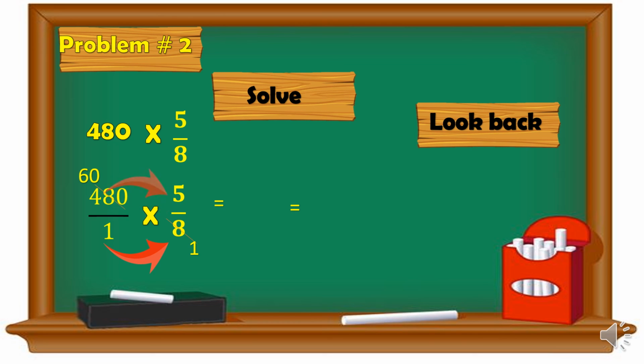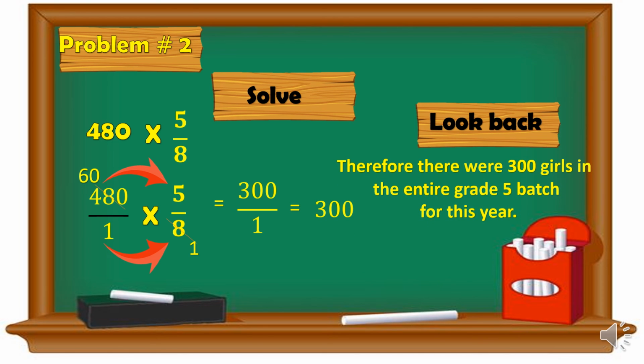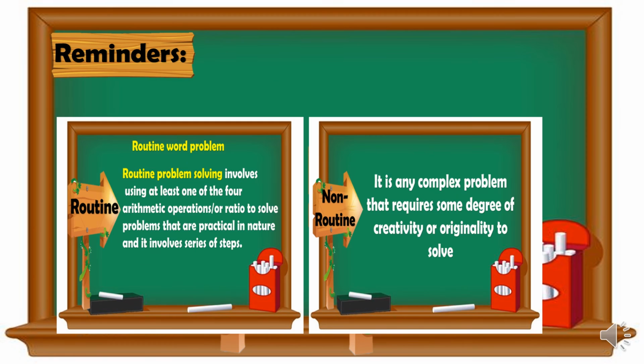So let us multiply. 60 times 5, we have 300 over 1, because 6 times 5 is 30, so 60 times 5 is 300. And 1 times 1, we have 1. So the answer is 300. Therefore, there were 300 girls in the entire grade 5 batch for this school year.